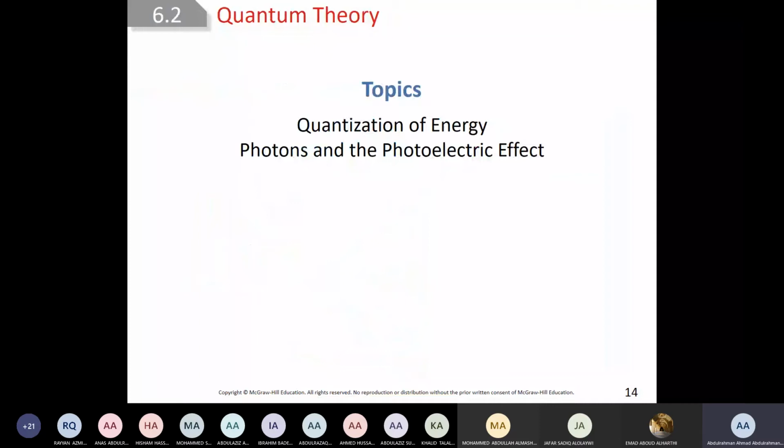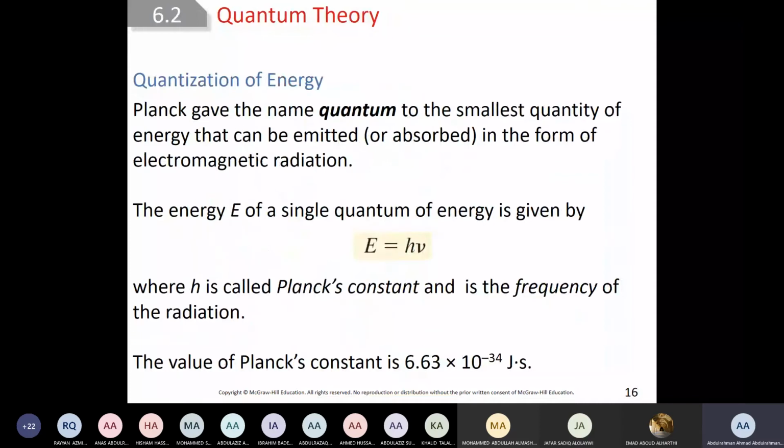Next, this is the next law: E equals h nu. What is nu? Frequency. And what is E? Energy.